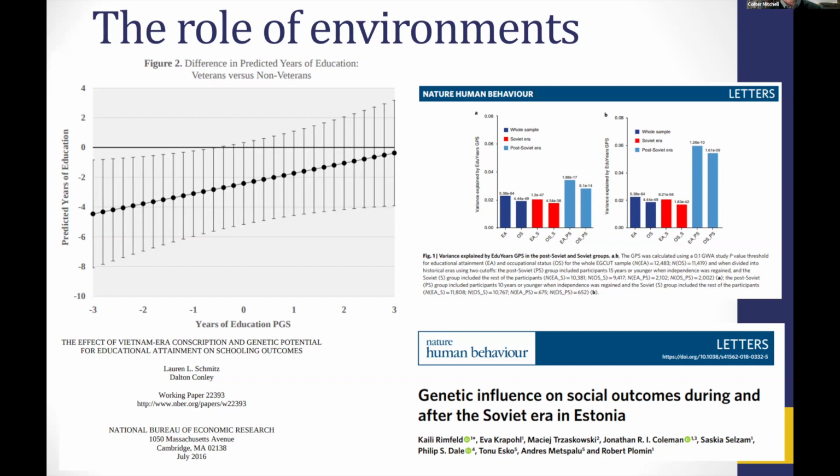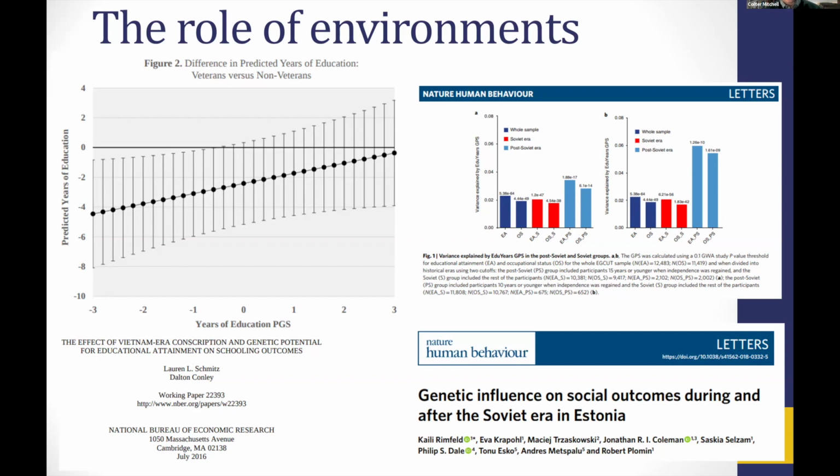So we have a couple different versions of things here. One on the left is looking at a genetic score and how that interacted with whether or not you were drafted for Vietnam.